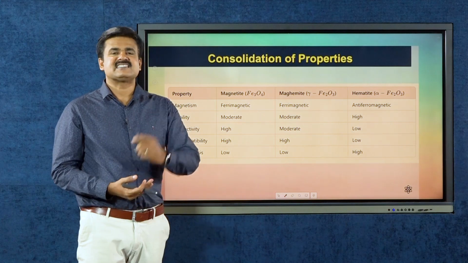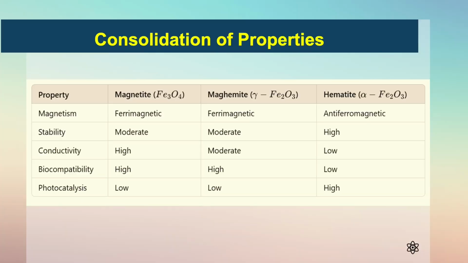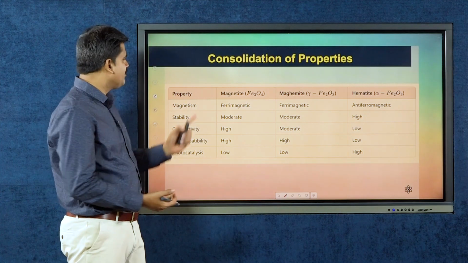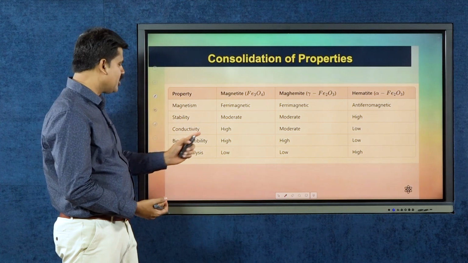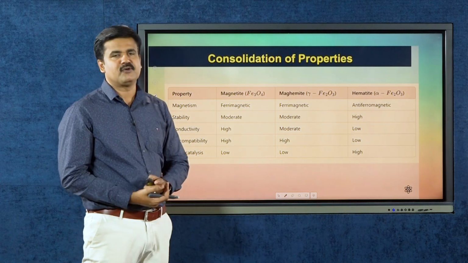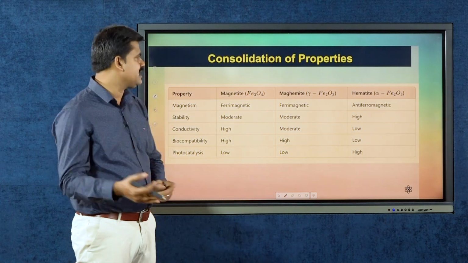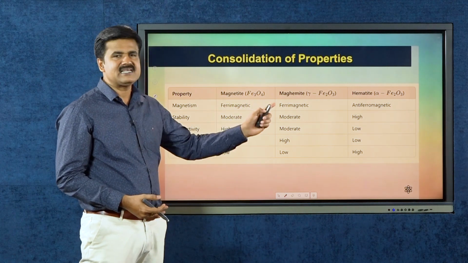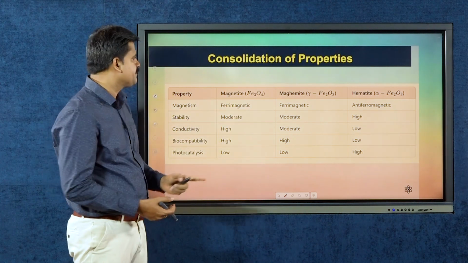Now, this is a consolidation of the properties of different iron oxide nanoparticles. The left hand side depicts properties like magnetism, stability, conductivity, biocompatibility, photocatalysis, etc. There are three types of iron oxide nanoparticles: magnetite, maghemite and hematite.